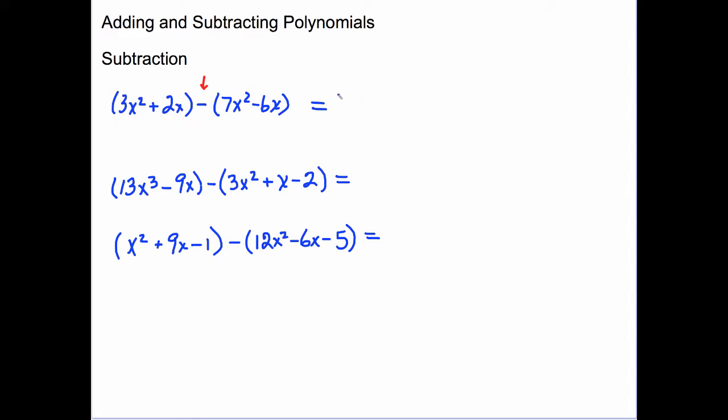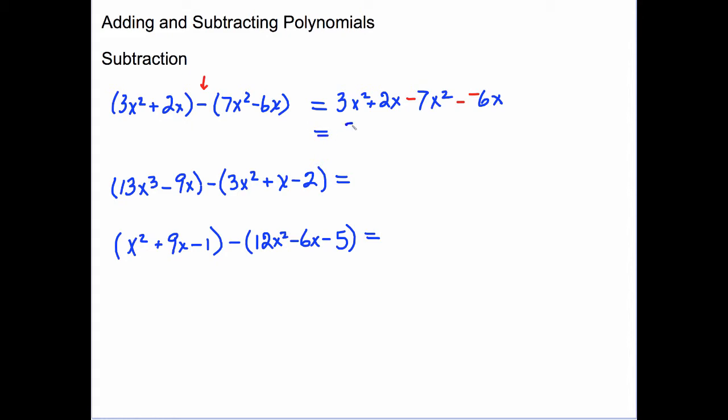This is 3x squared plus 2x, and then minus 7x squared, and then minus negative 6x. So that's minus a negative 6x.